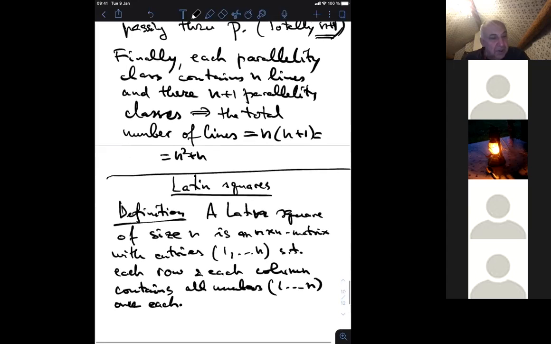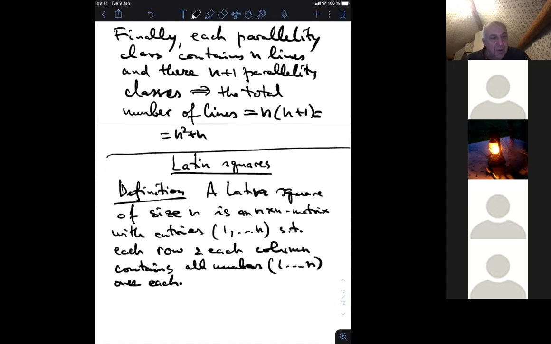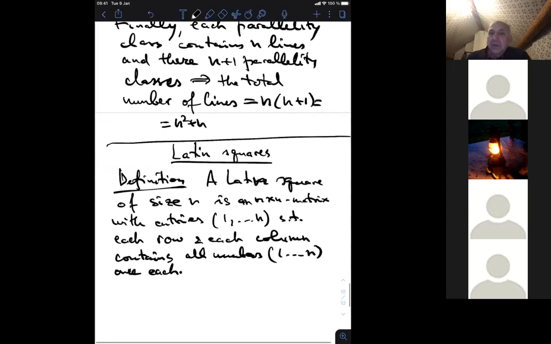So it really looks like a Sudoku. In each row and each column, you have all numbers from 1 to n repeated once.